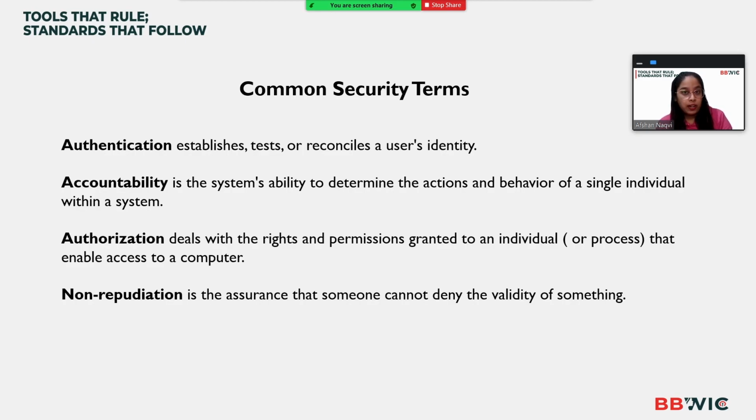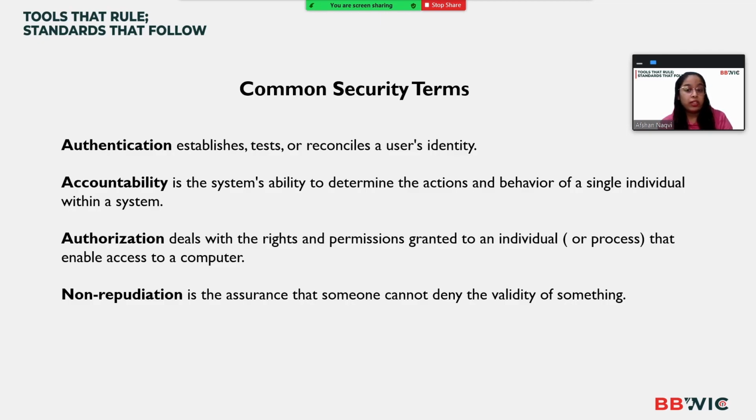Next one is authorization. Authorization determines which user or group of users should have access to what group of information. This is usually based on the service and data a person requires to do their job. In an organization, users should not have the same level of access to the network as a system administrator, right? So this is about authorization. Next one, we have non-repudiation.